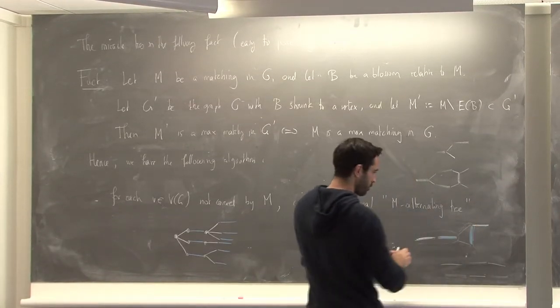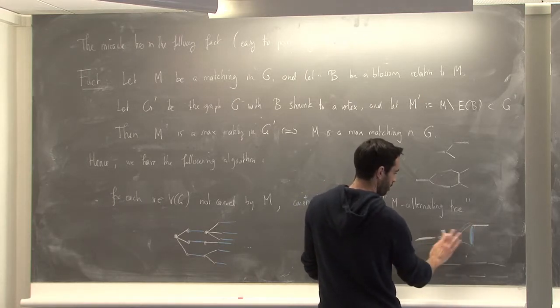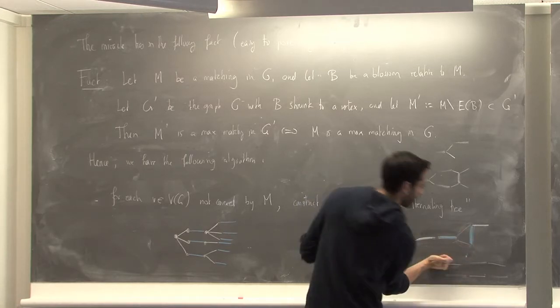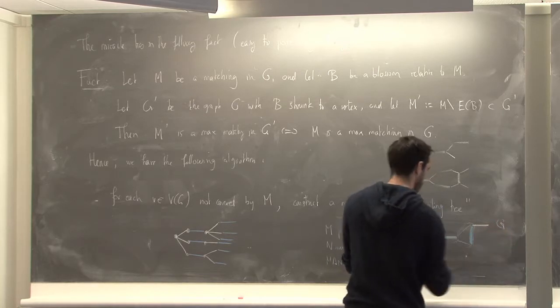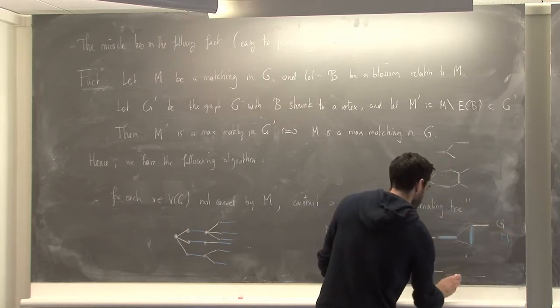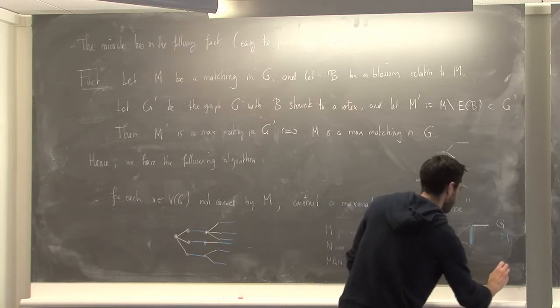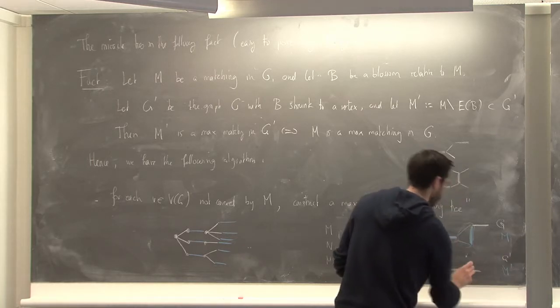We had this example, so we had started here, and okay, we find a blossom. That's a blossom here. Okay, so you shrink it, and that's G and M, and you shrink it, and you find M prime in G prime, which is like this.